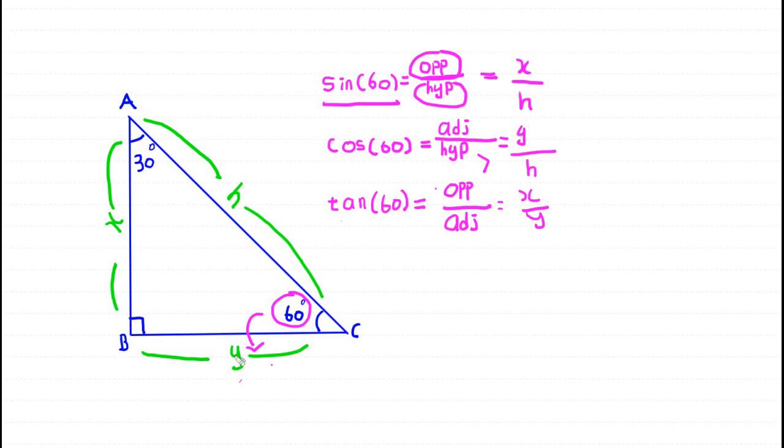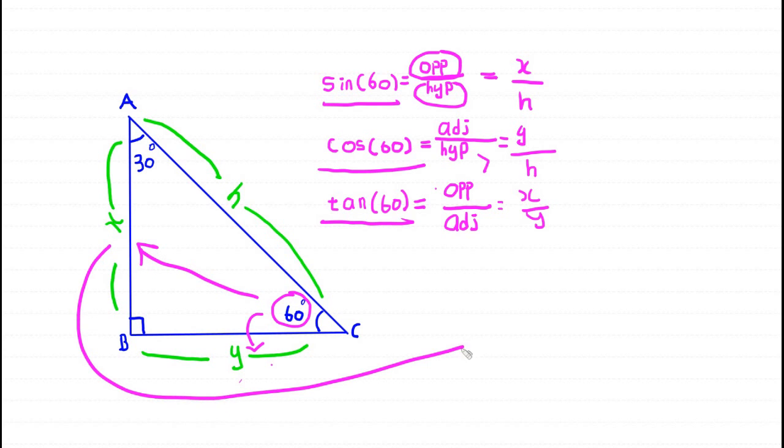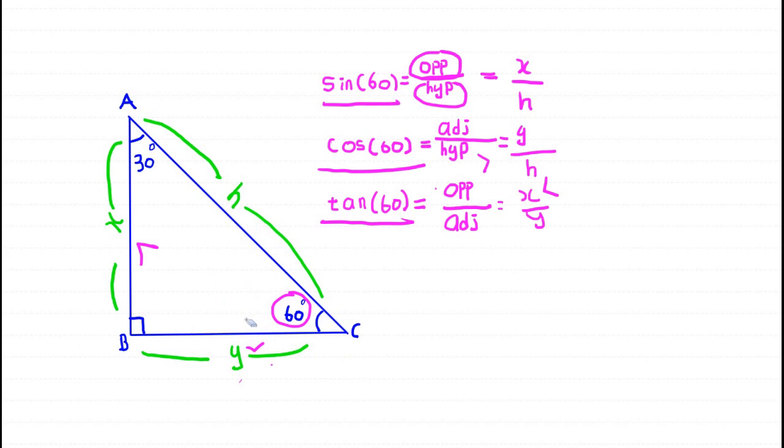So it'll be y over h. For tangent 60, it's going to be opposite over adjacent, which is opposite side x over adjacent side y. So we are done with these three trigonometric functions.